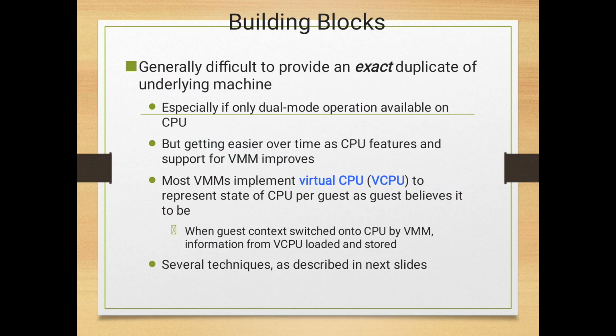Next, the building blocks. It is generally difficult to provide an exact duplicate of the underlying machine, especially if only dual mode operation is available on the CPU, but it is getting easier over time as CPU features and support for VMM improve. Most VMMs implement a virtual CPU to represent the state of the CPU per guest, as the guest believes it to be.